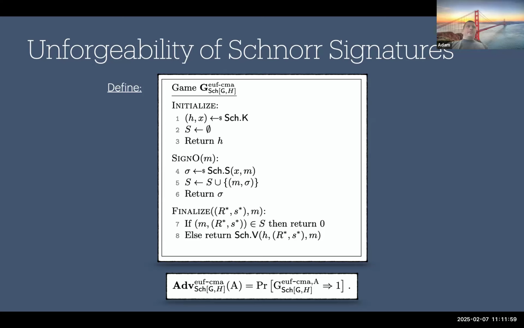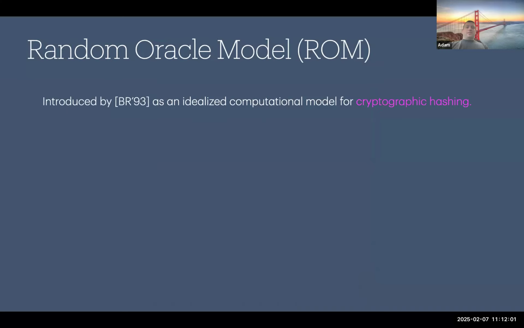Any questions about this? You guys are okay? Okay, so now I just want to go through everything in case anyone doesn't know. The random oracle model is an idealized model of computation for cryptographic hashing. In the random oracle model, all parties have oracle access to the same random function, which is supposed to model a hash function. So it's kind of like a perfect hash function.